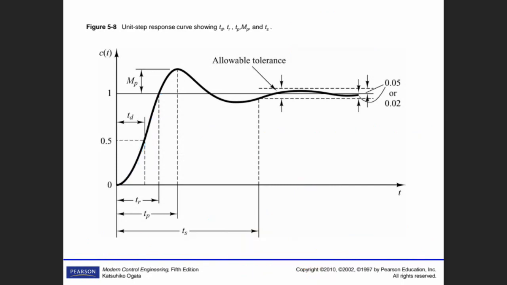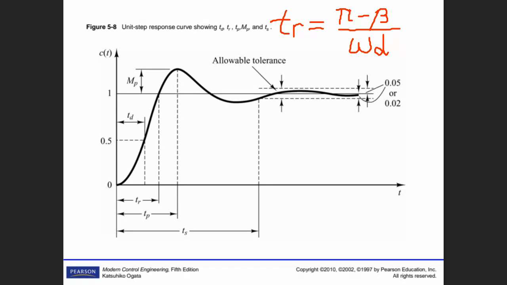So t_r is equal to pi minus beta over omega_d. So we have already derived t_r.